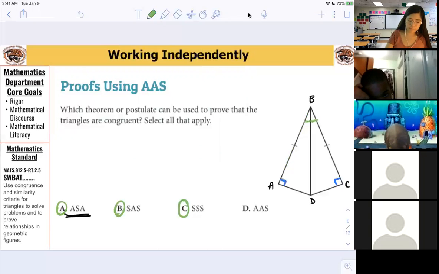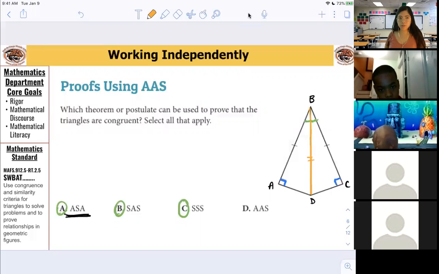B and D, BD, because it's the reflexive one. So there's my AAS: two angles and the non-included side. Which ones are the included sides? AB and BC. Those would be the included sides. So this right here is included because, why is this one included?